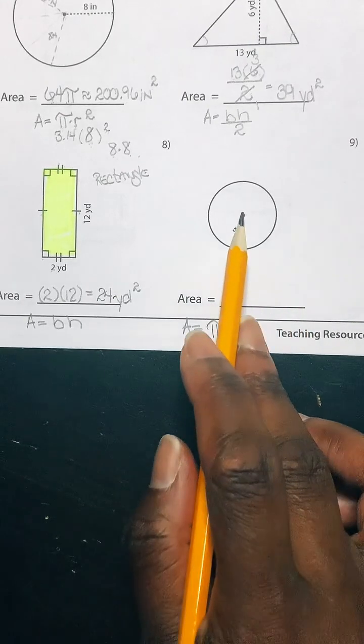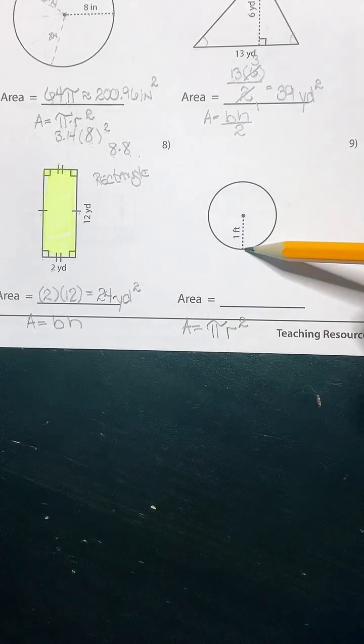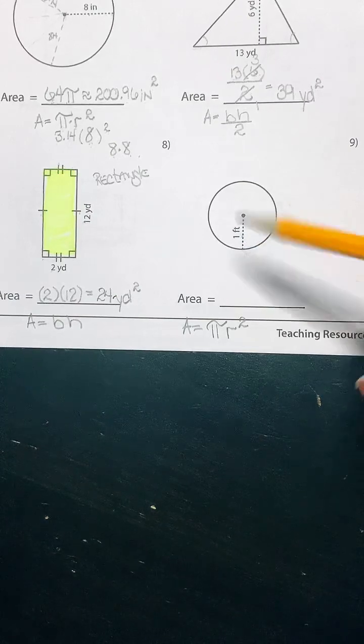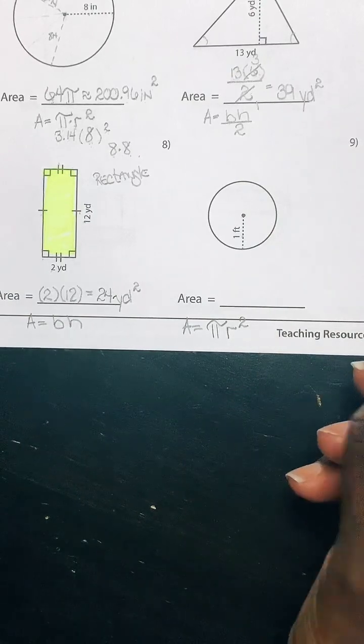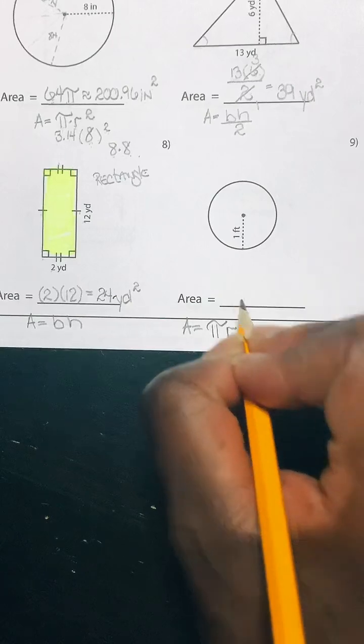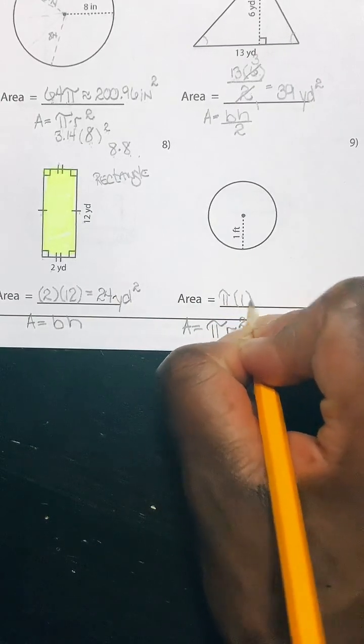So they gave us the radius. Remember, a radius is from the center of the circle to a point on the circle. And they said my radius is going to be 1 foot. Okay. So when I plug it in, I have my pi. My 1 is going for the radius.